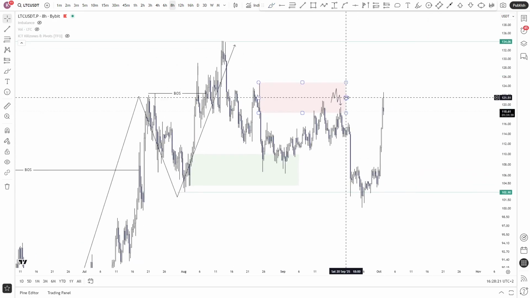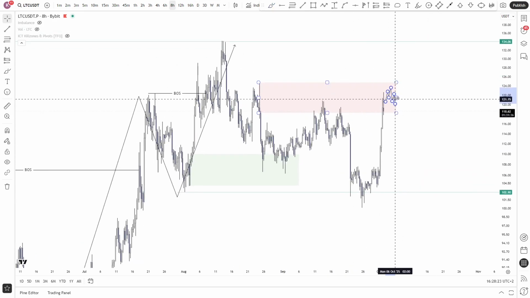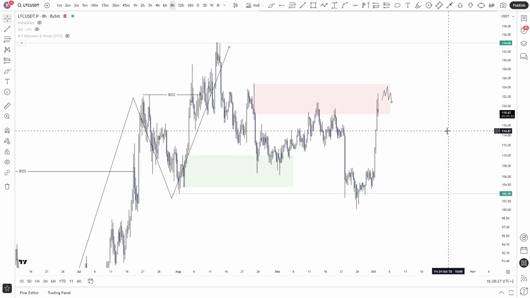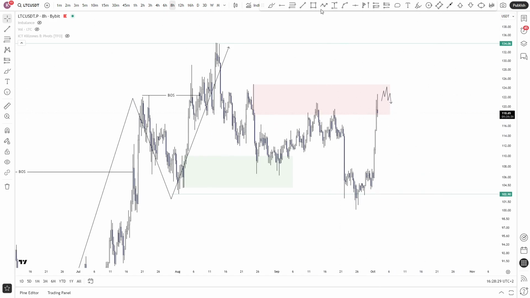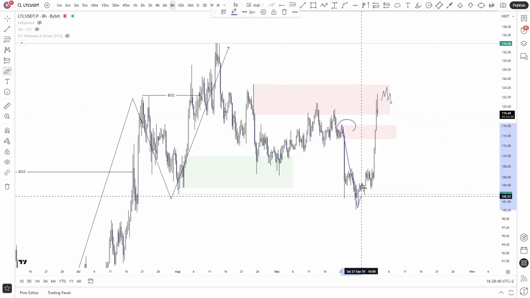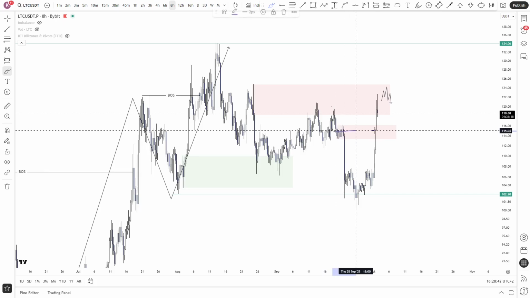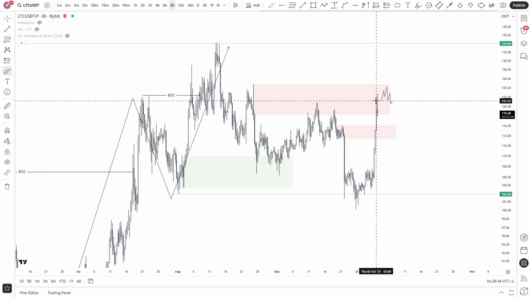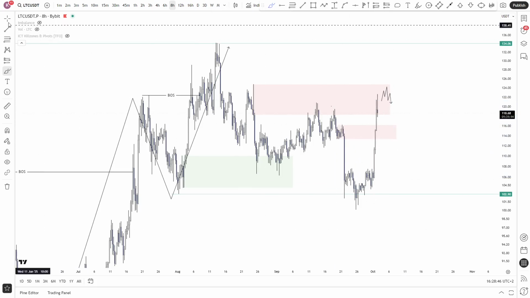I must say we have pumped really hard up here, and this could indicate that we could also keep our strength a lot higher. For example, this is our last supply block before we made new lows. This tried to push us up, but sellers said no, and we made new lows. This is also what we gained straight away, so it makes sense that we could find some support here.